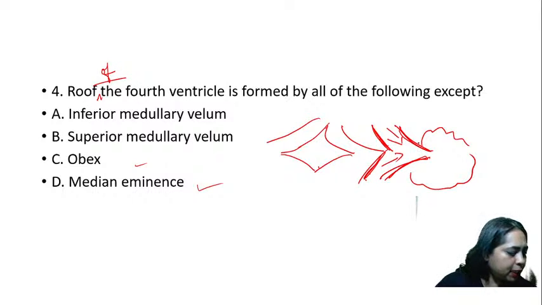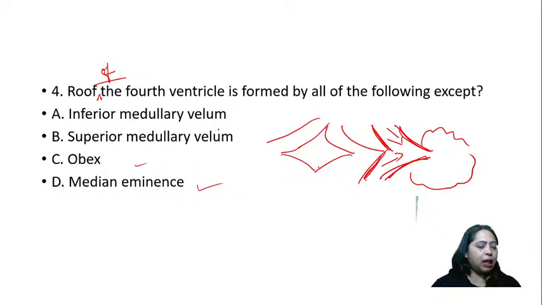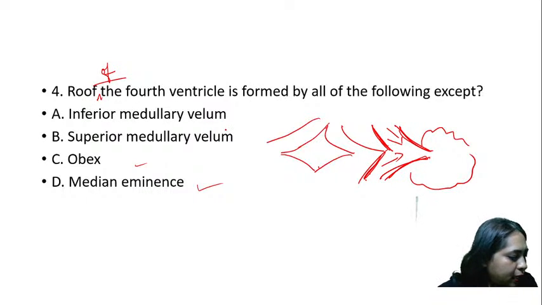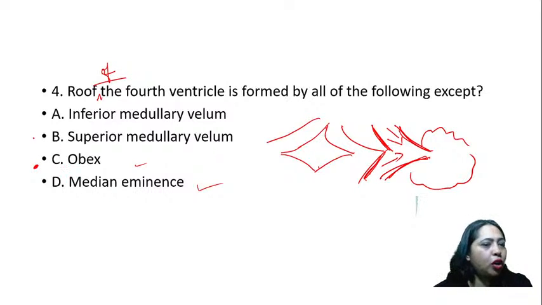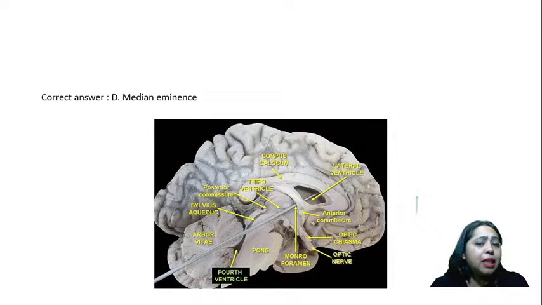Tina says it is 4C and no 4D, and SK says 4C. Okay, everyone has a different answer. No one has picked inferior, but everyone has gone with these three. The answer is median eminence.